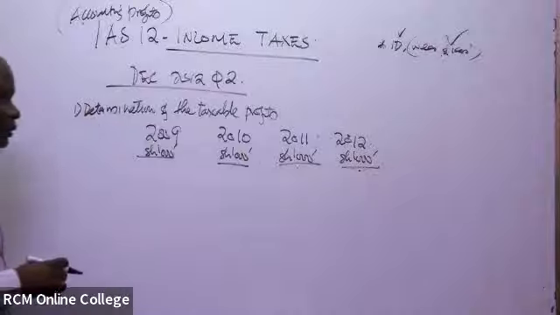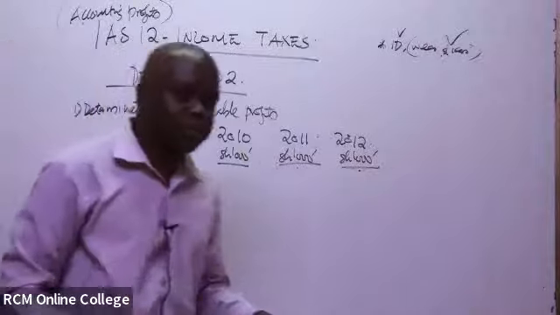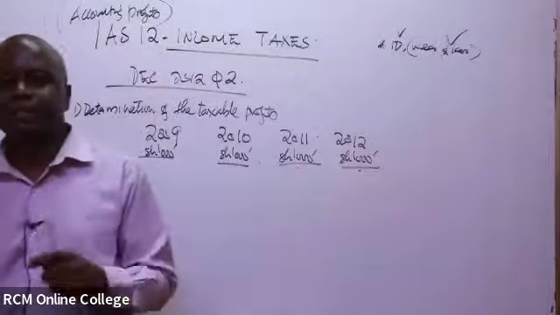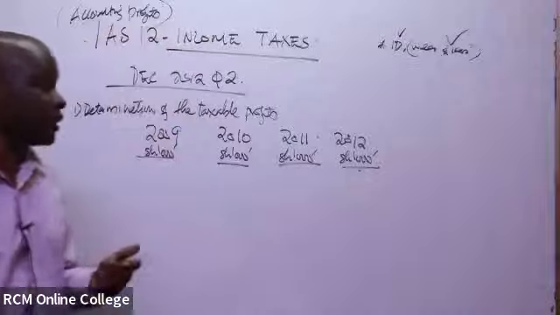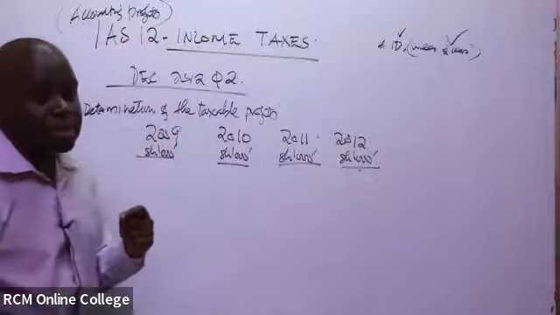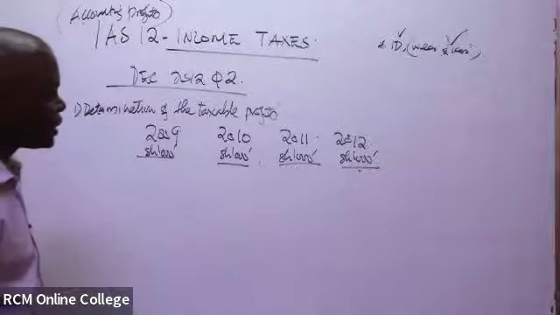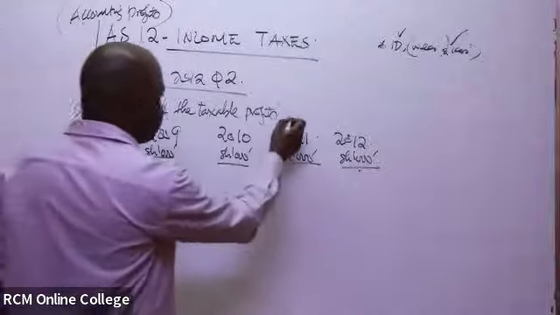Remember, this particular point will sink in when you learn. Those who already learned public finance and taxation are really understanding exactly what I'm saying. The point is that you'll have to readjust the accounting profits to come up with the taxable profits.